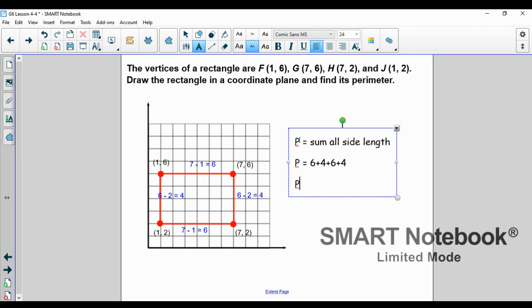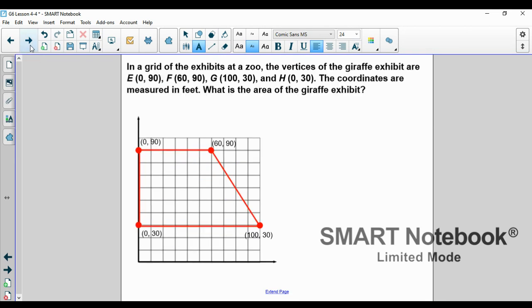So I get a total of 10 units. I'm sorry, not 10, 20. 6, 4, 6, and 4. So that's a total of 20 units. Notice I could also find the area of this figure as well, because I know what the length and the width is.